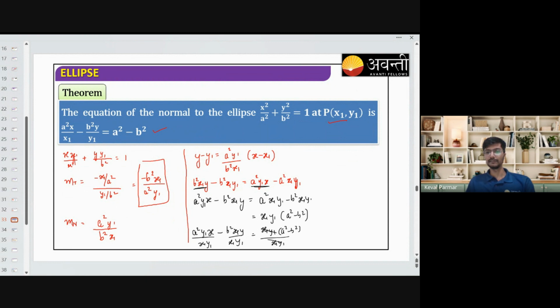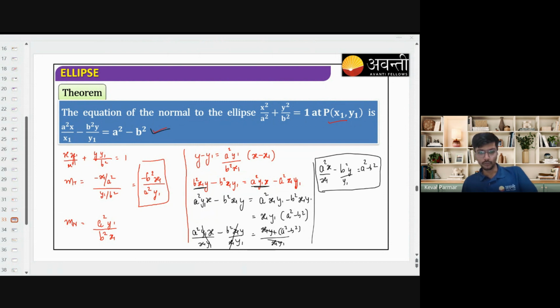So here x1 y1 will get cancelled, here x1 will get cancelled, here y1 will get cancelled. So finally, what equation did we get? We got a square x upon x1 minus b square y upon y1 is equal to a square minus b square. This is my answer, which was the same equation here. So I hope it is clear.